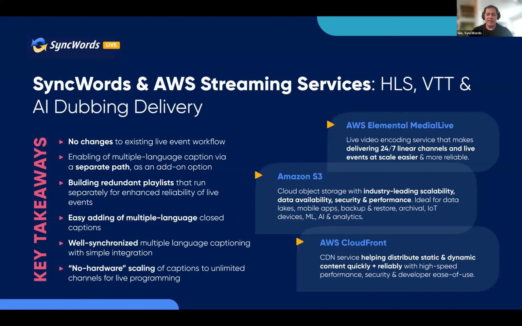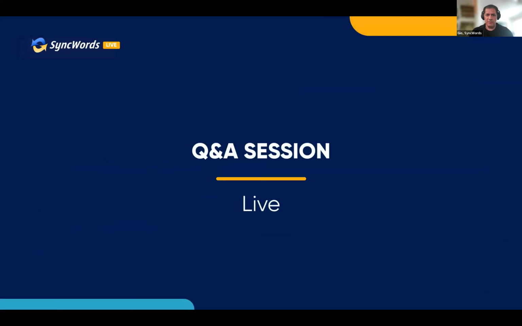And we're really happy with that. And if you're using MediaLive, or if you have people that know about this and want to do the captioning, this is really the way to go, because it's going to save you so much time and money to just introduce live captioning and translation into your existing live streaming workflow.